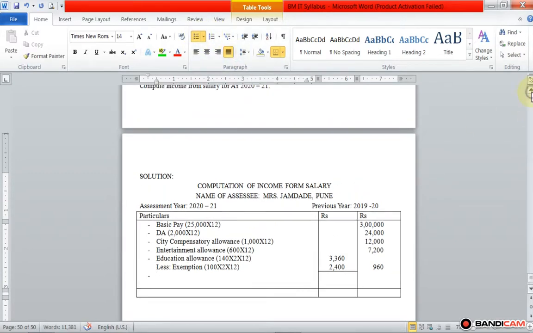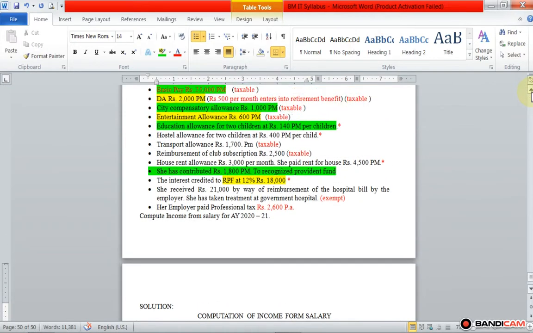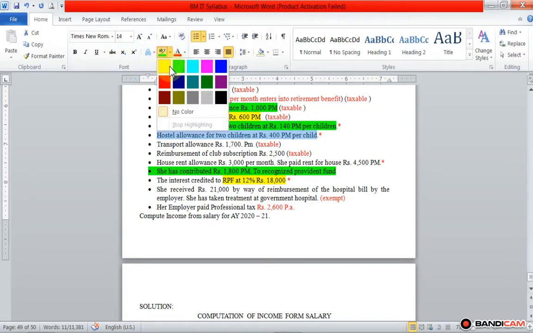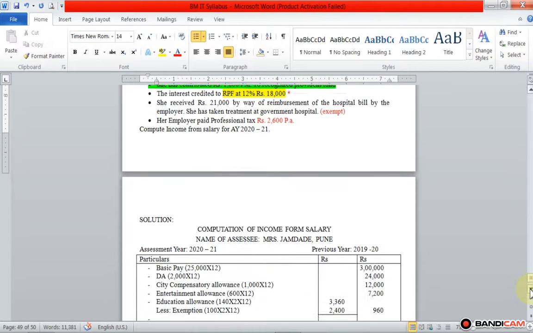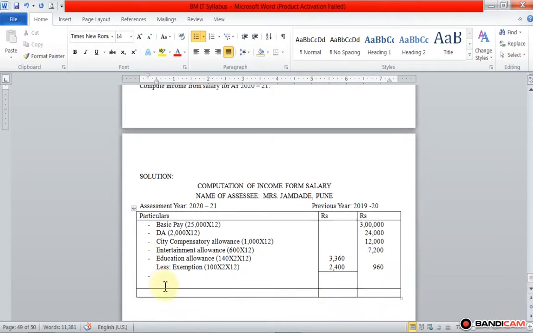So here in the problem another allowance is given, that is hostel allowance. So hostel allowance is taken into consideration now. Hostel allowance for two children of rupees 400 per month per child. So hostel allowance is also given to Mrs. Chamdade.